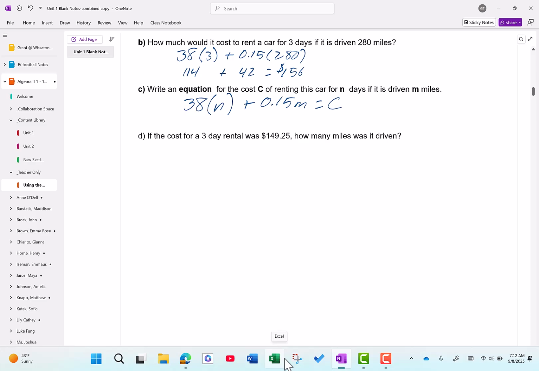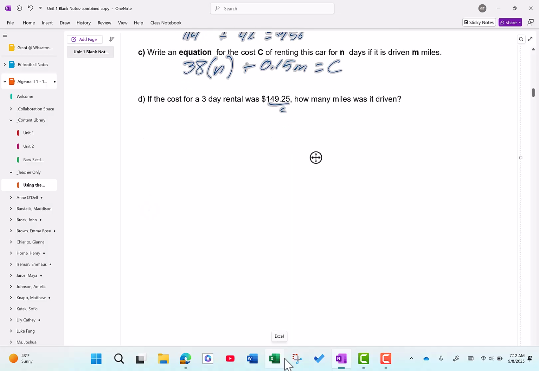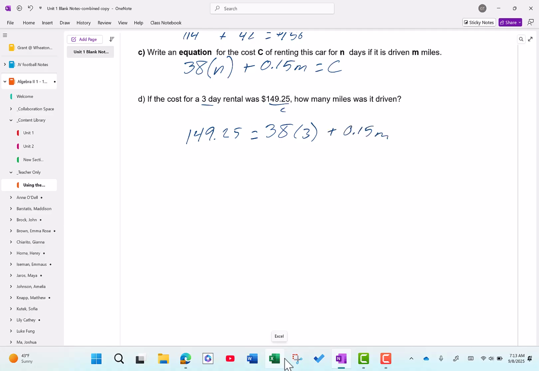So now I have an equation that I can use to say, if I spent this amount of money, I can work back and figure out how many miles I must have driven. This value is a value C. So I will plug that in to get $149.25 equals 38 times 3, because it's giving me a 3-day rental. I plug that in for n, plus 0.15 m. This equals 114, as we saw right above.